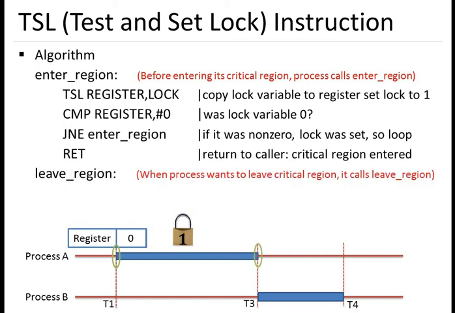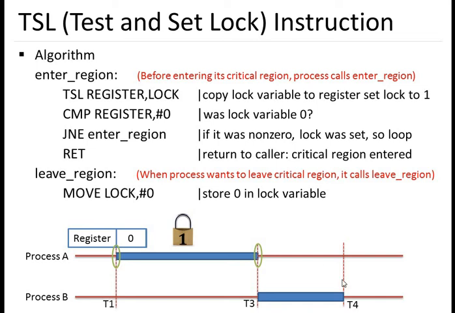After that, leave region. When the process wants to leave the critical region, it calls leave region. Okay, it's very easy. You are just copying the value from the lock to the register, setting the lock variable, and comparing the value using the CMP instruction. It is the same as the lock variable idea, but over here you are just using machine instructions.